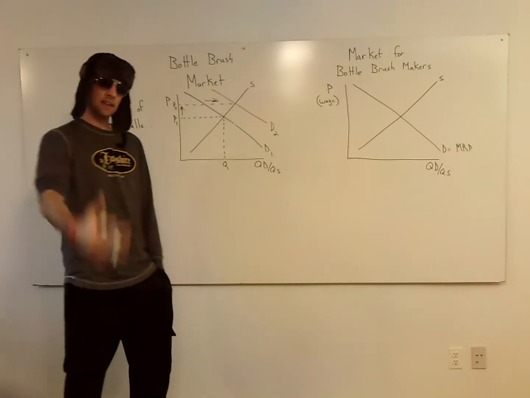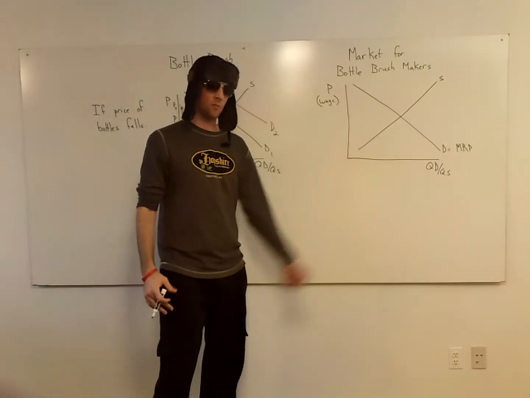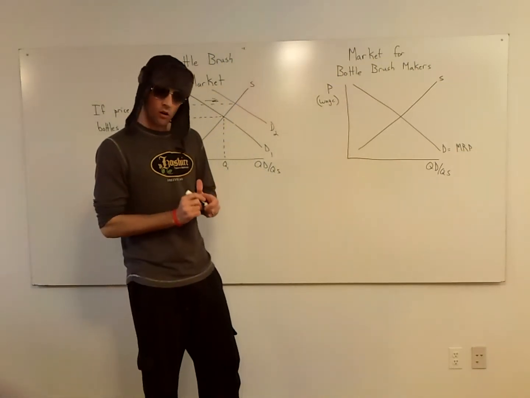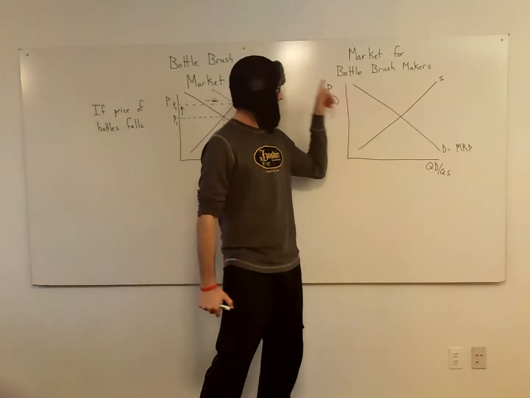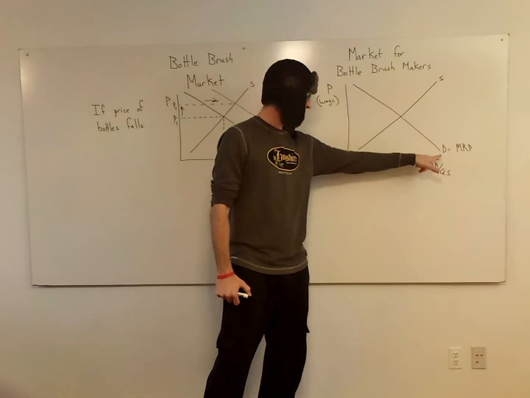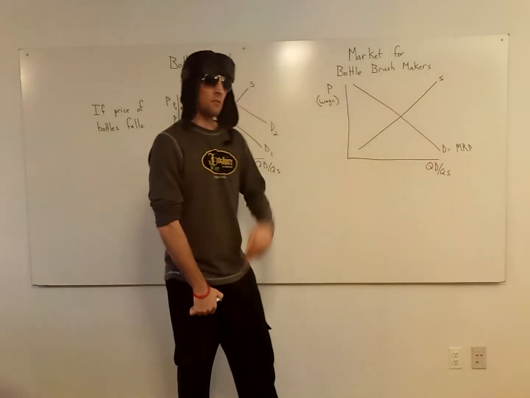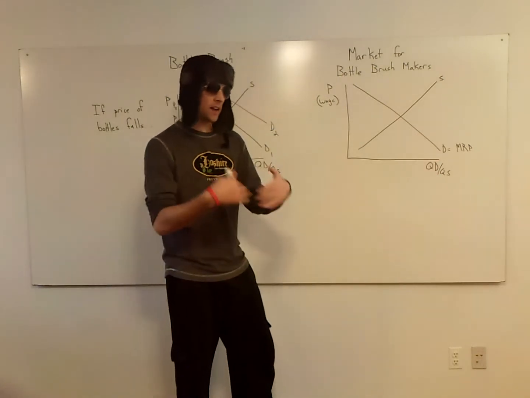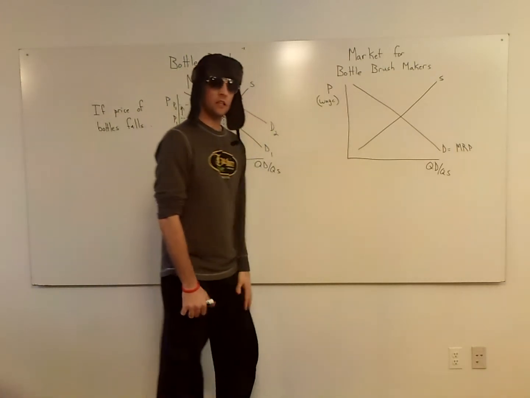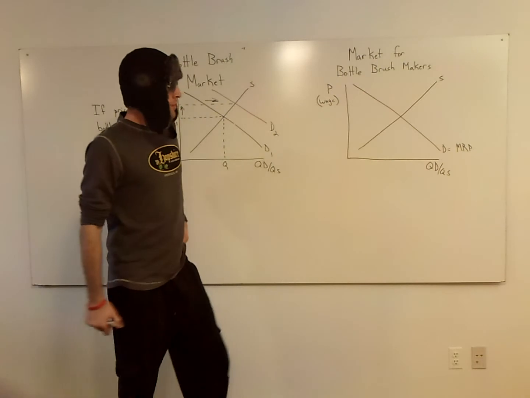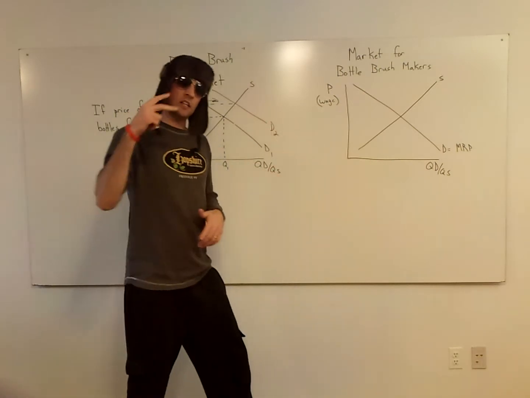Now, this has an effect over here in our factor market, because if you recall, we calculated marginal revenue product, and we graphed it, and we got a demand curve. This is the demand curve for the factors of production related to bottle brushes here. So remember, to get your marginal revenue product, you need two things.